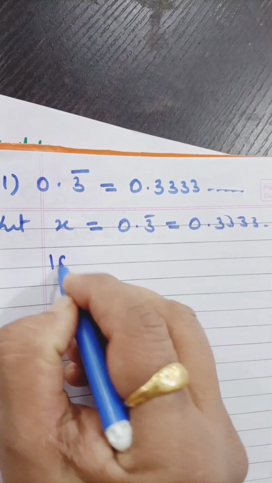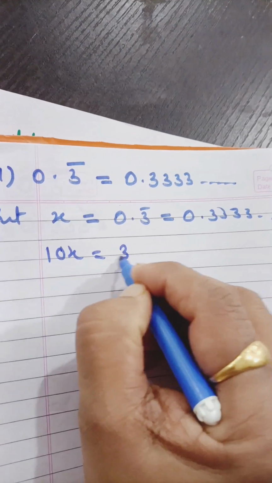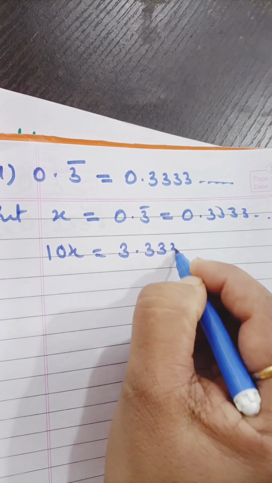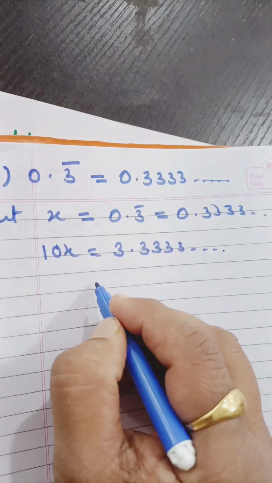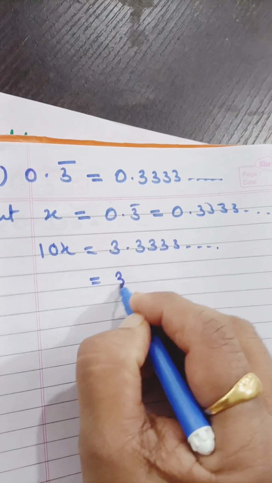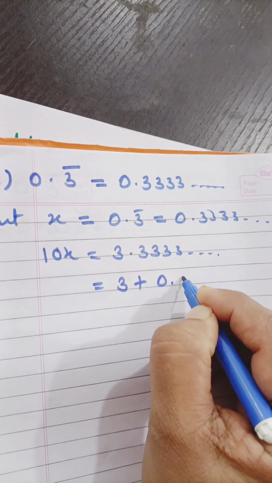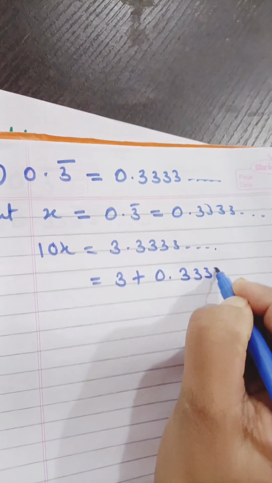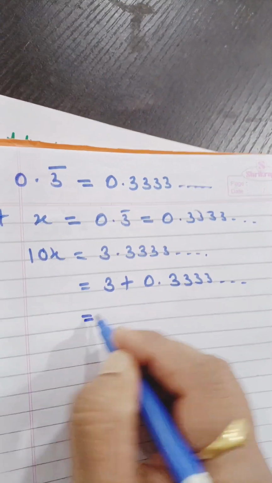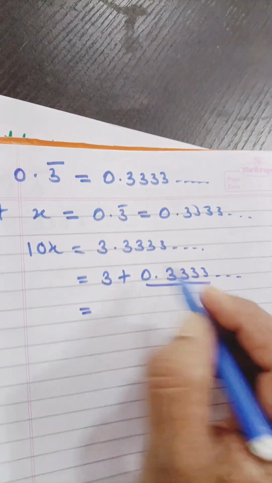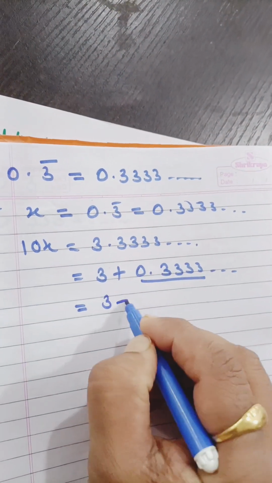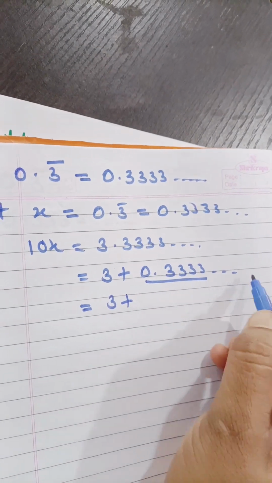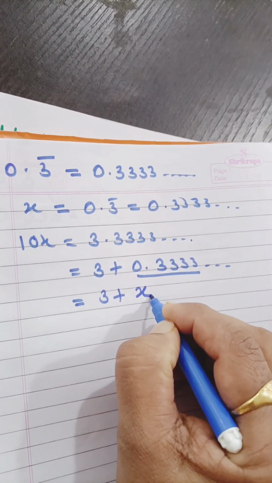So we will get 10x equals 3.333 and so on. Now this can be written as 3 plus 0.333 and so on. But now we can see this is nothing but our x.